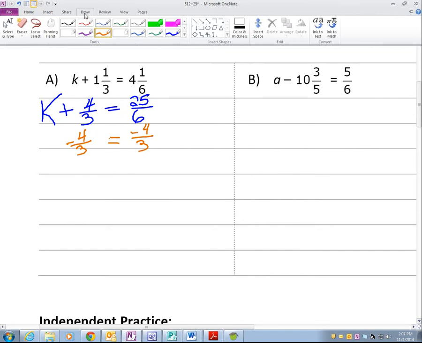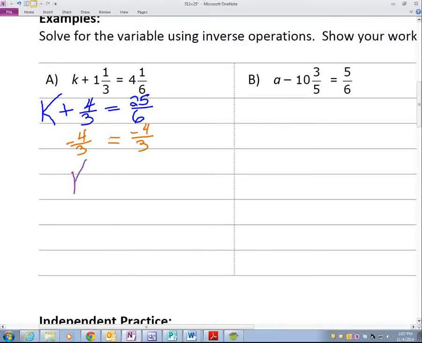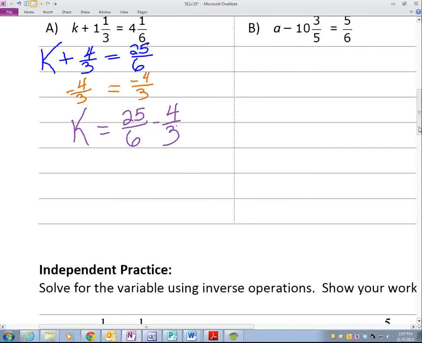So now I have k by itself over here. So now I have 25/6 minus 4/3. So this part here is new today.